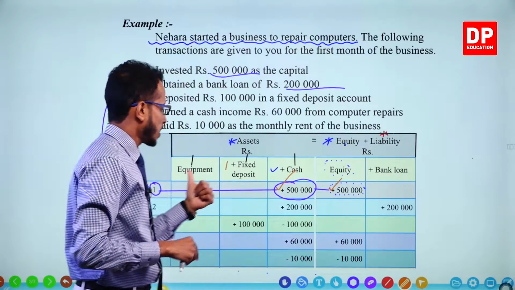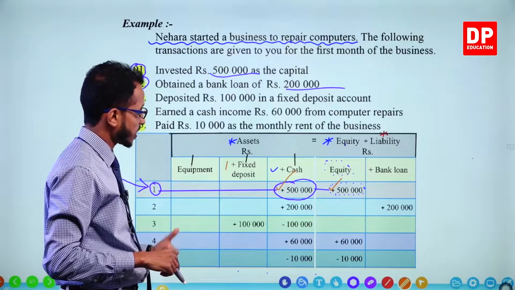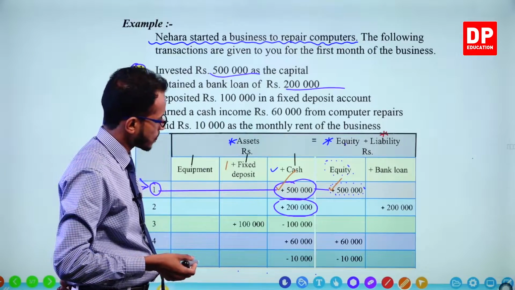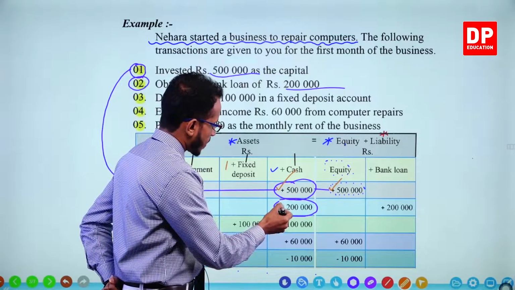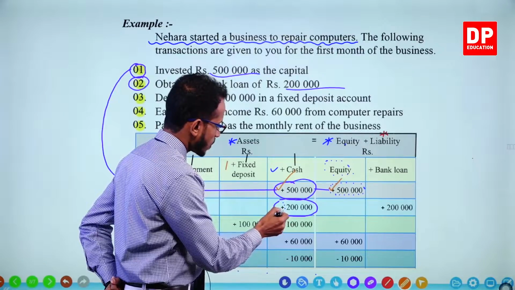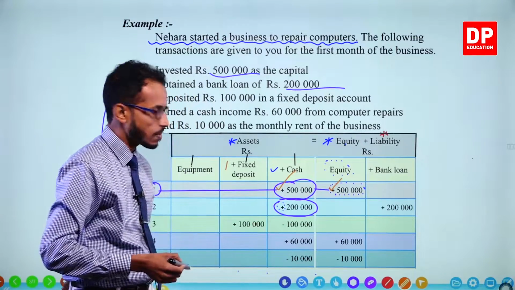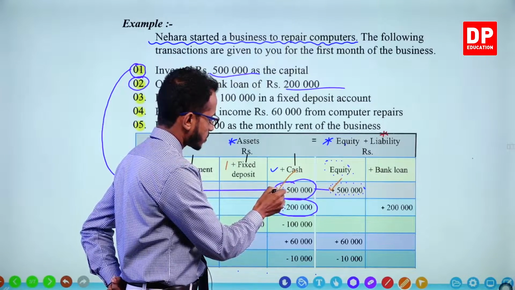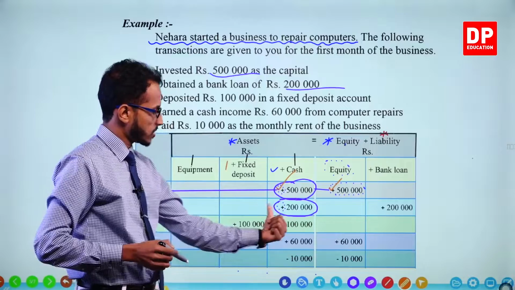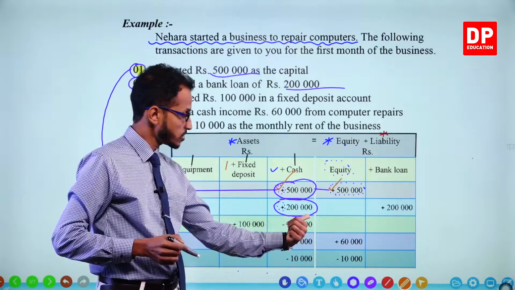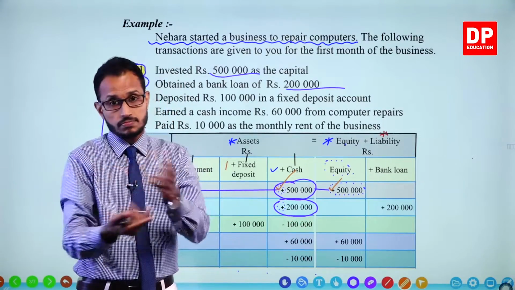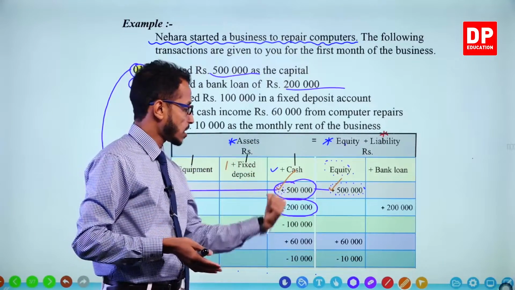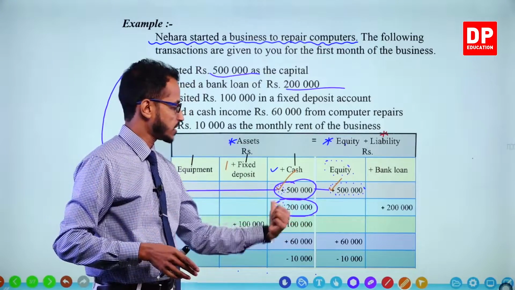Which means due to this second transaction, again we get cash, no doubt about that. So under assets, cash increases, just like the previous transaction, again a plus, because we get cash from the owner or from a bank loan, it doesn't matter. Cash comes in, so it's an asset increase.